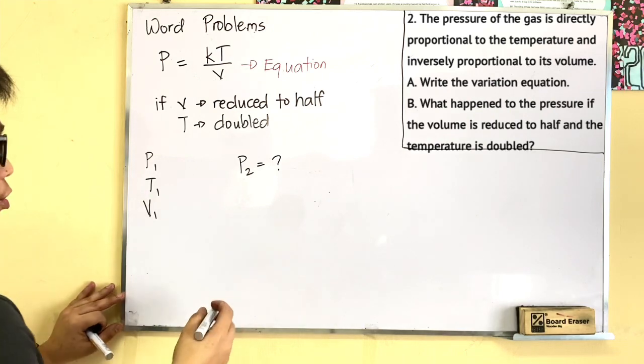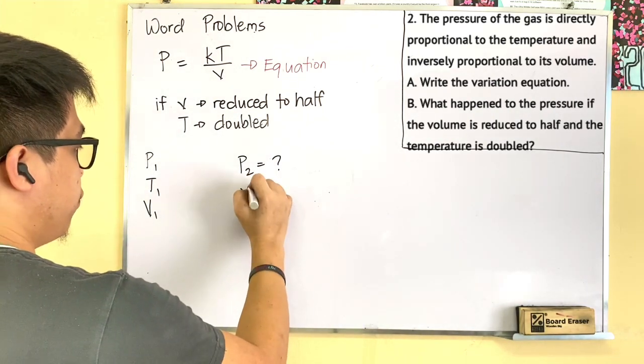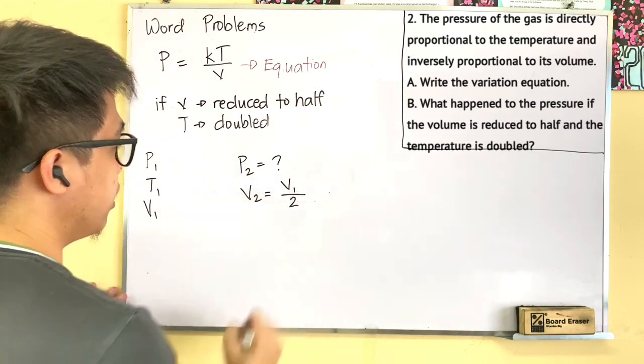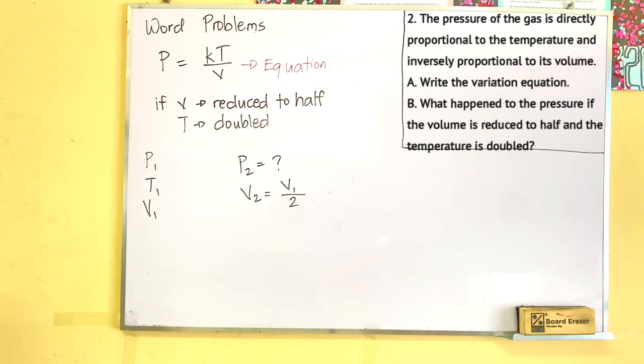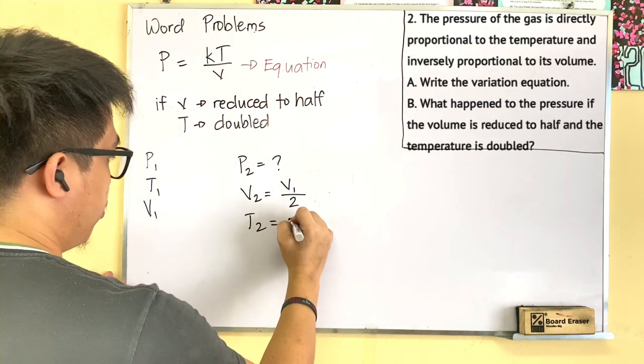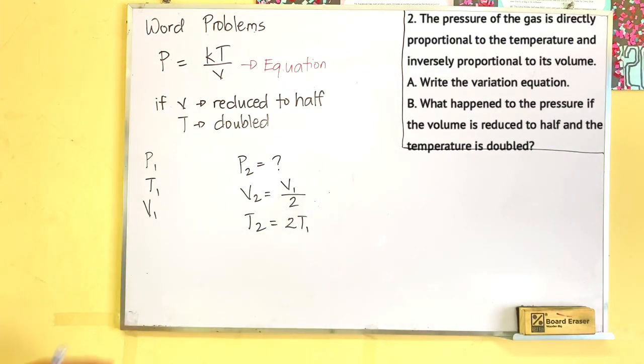Ano daw magiging pressure if the volume, so ibig sabihin, yung ating volume 2 will be reduced by half of the volume 1. Next, the temperature is double, or from the temperature 1, naging doble yung ating temperature. What will happen?